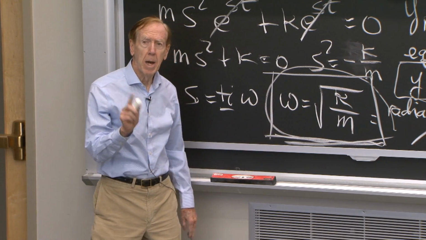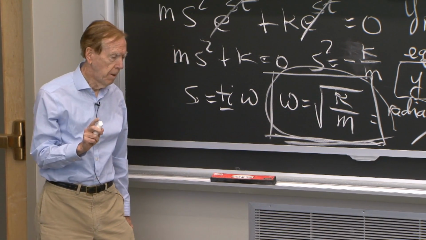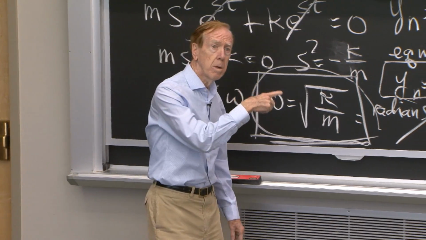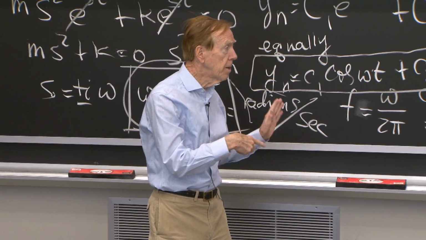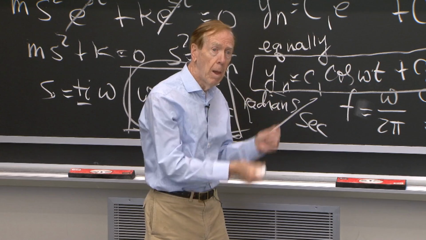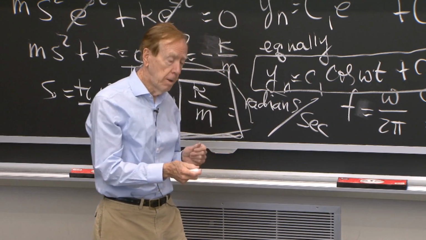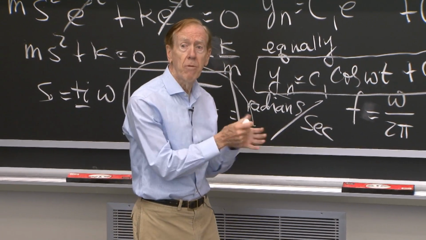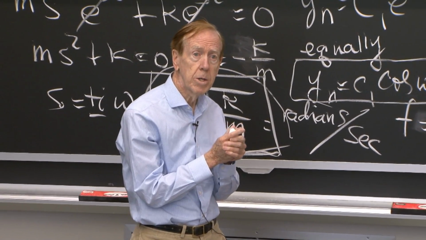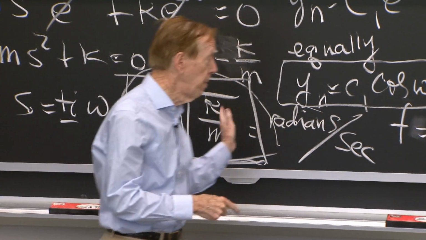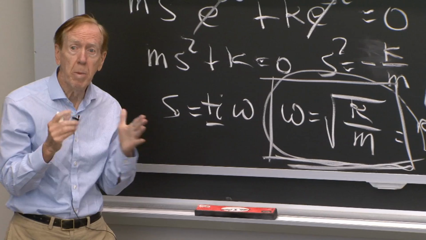I call that the natural frequency, because the next step will be to drive the system by a driving frequency, which would be different from omega. So we've got two omegas.